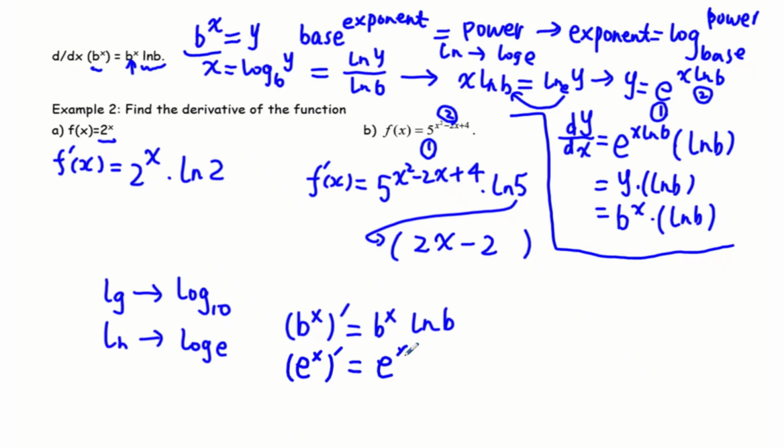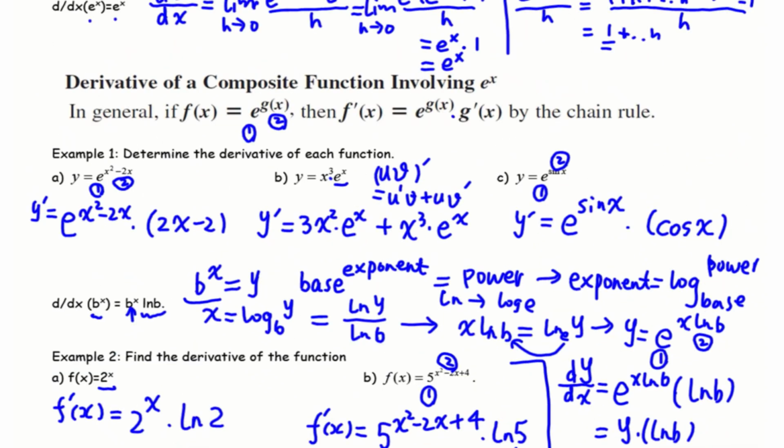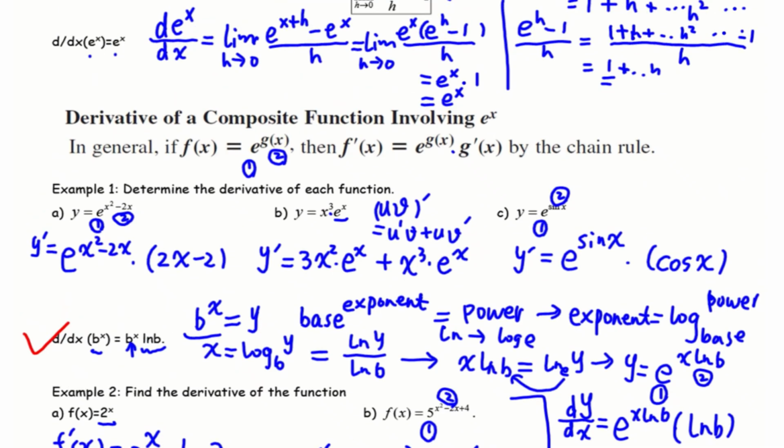Change the b to e, then ln e is 1, so it gives you e to the exponent x. So it works. So these are the two formulas you need to know for today. One is that the derivative for a base not e is itself times ln b. And if the base is e, the natural number, it is itself, okay?